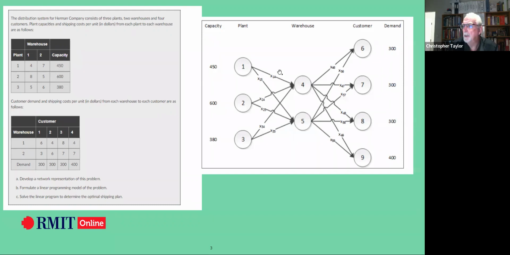So when we actually have a look at the diagram, this is just how it's expressed. We've got plants 1, 2, 3 and warehouses 1 and 2, and I must admit I do think this is a big flaw in network diagrams. They could use something other than numbers, because numbers really get confusing. If you weren't using numbers, you could relate to what you've got here, whether you've got P1 for plant 1 and W1 for warehouse 1.